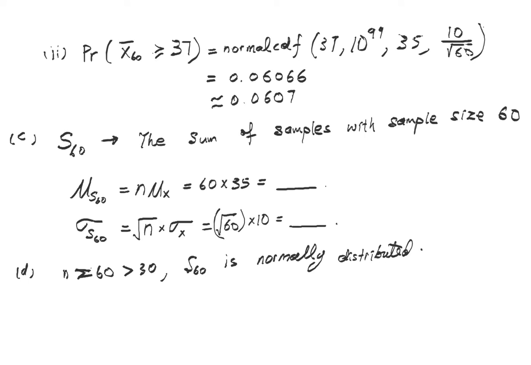So therefore, probability of S60 more than 2,000 will be equal to... Avika, can I have the way to do it? What should I do?